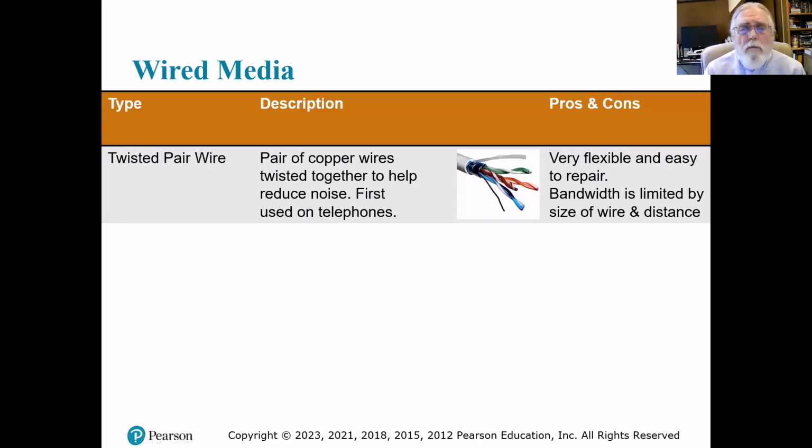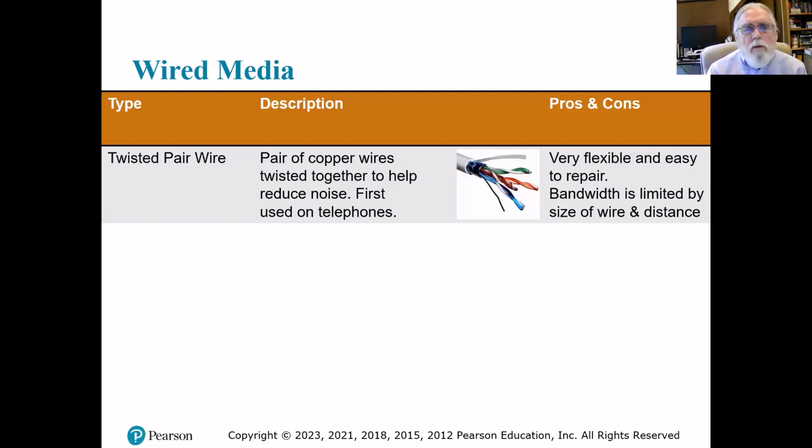The cable can be very flexible, it's pretty easy to terminate, to repair if you need to replace the connector, and it's inexpensive. But the problem is it's a small wire, and that affects how far a signal can be transmitted over the wire.